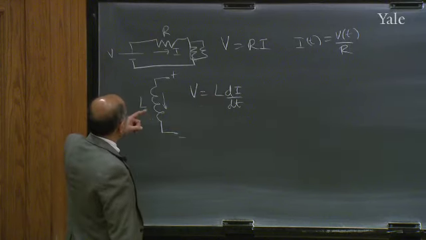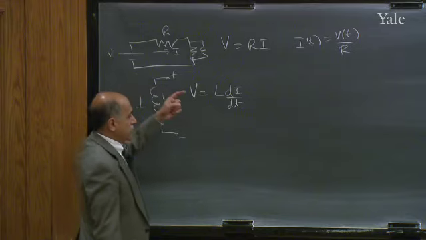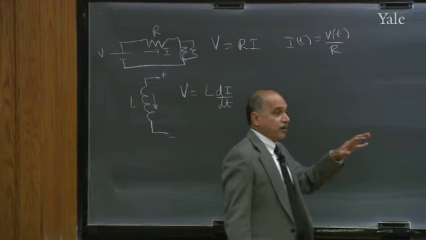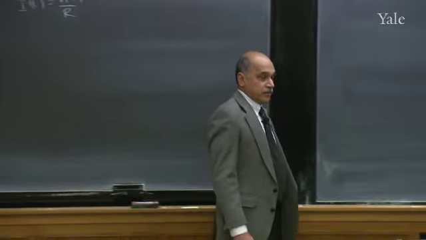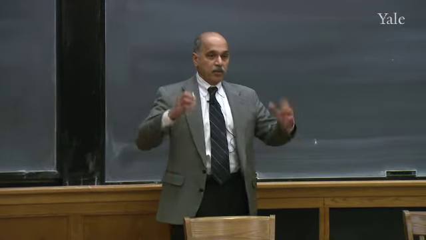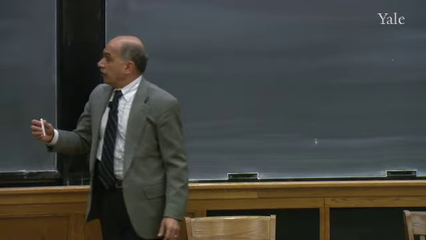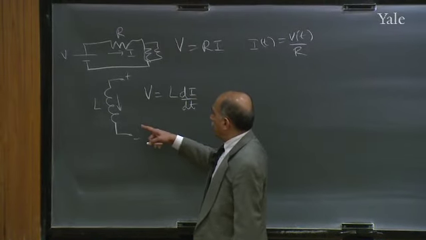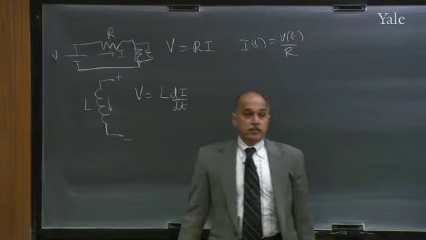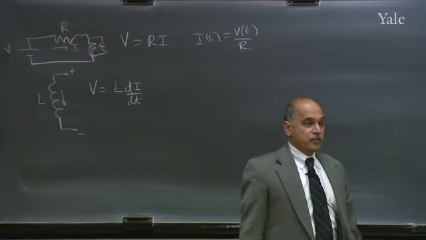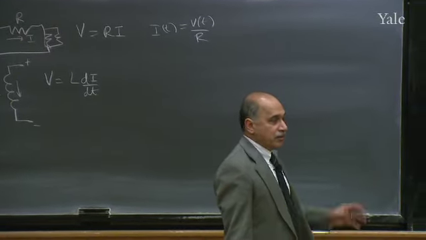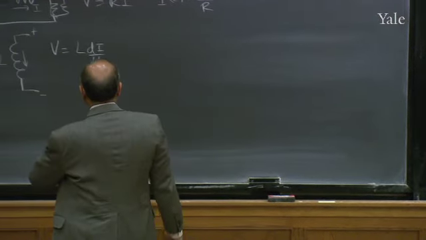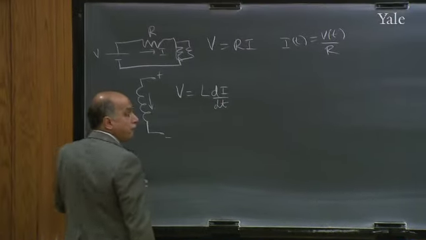Second thing is, when a current flows through a resistor, whatever energy you provide is gone in the form of heat. It is dissipated, the light bulb glows, and that's the end. With an inductor, when you drive a current, you are building a magnetic field inside the inductor. And there's an energy associated with the magnetic field. And that stored energy will be given back to you later on.